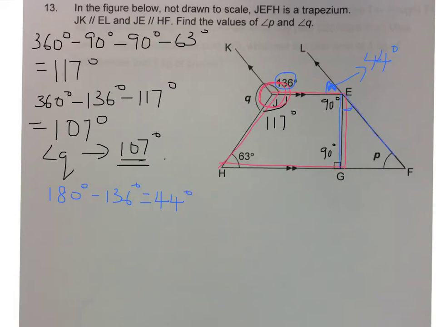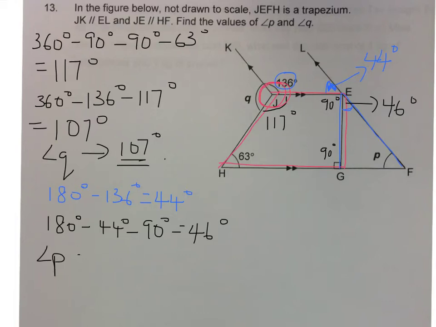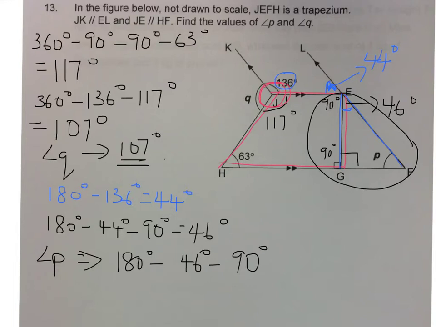Because angles on a straight line is 180, so 180 degrees minus 44 degrees minus 90 degrees gives me 46 degrees. So this is 46 degrees. Now angle P, we can find it easily. Angles in a triangle is 180, so 180 degrees minus 46 degrees minus 90 degrees, this is a right angle. That gives me 44 degrees. So angle P is 44 degrees.